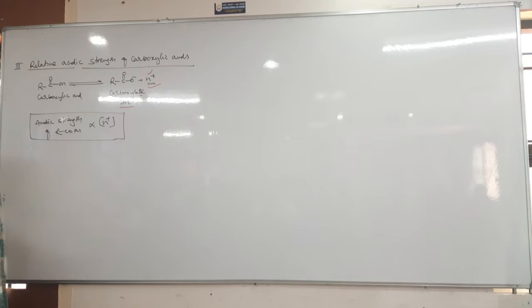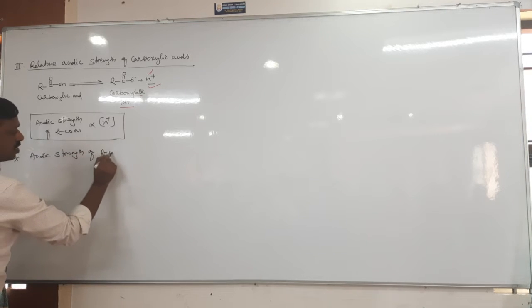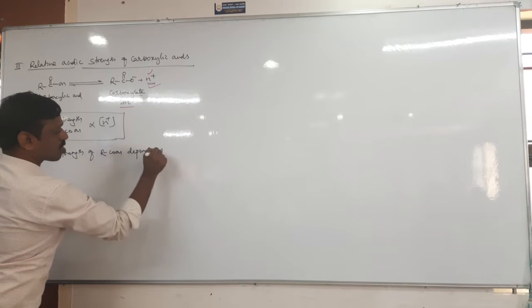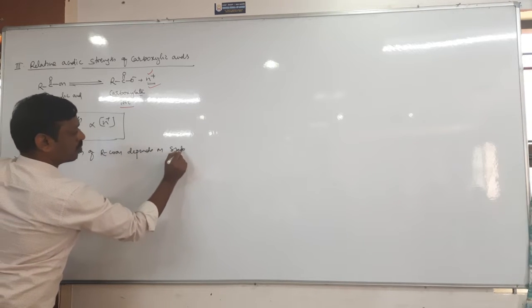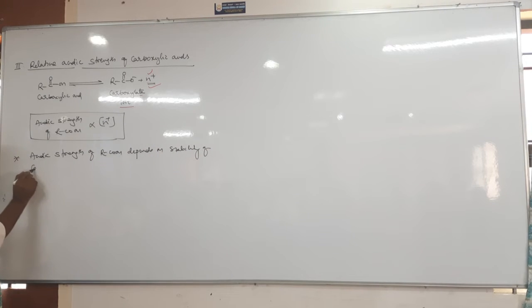So therefore, acidic strength of carboxylic acid depends on stability of carboxylate ion. So how is it?